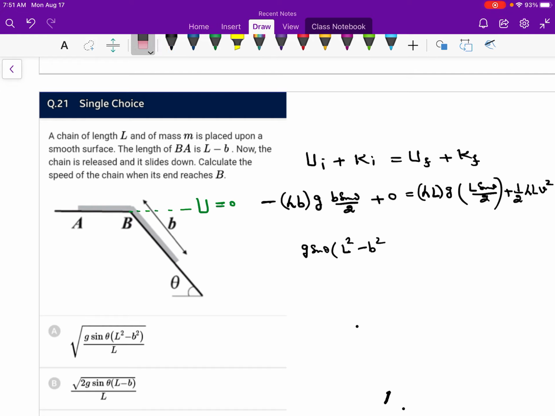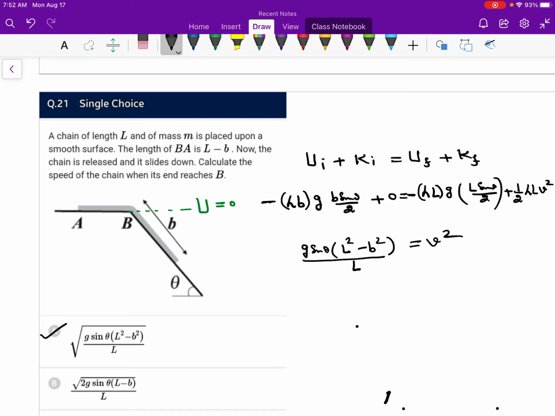Acha, the potential energy is negative, because the center of mass is below the 0 reference level. So G sine theta into L square minus B square is equal to V square. So V is G sine theta upon L, into L square minus B square, whole under root. A should be the correct option.